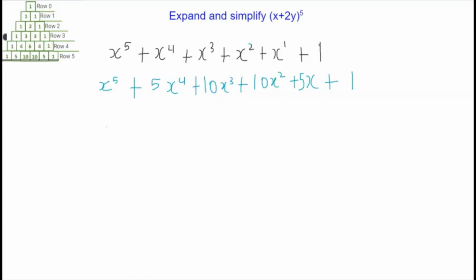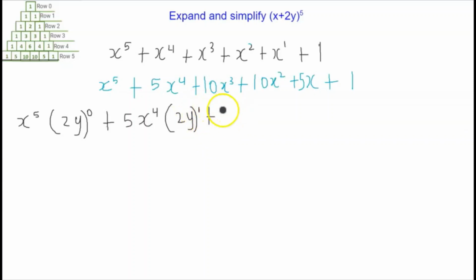So if we have x to the 5, we're going to have to slot in for 2y to the 0, and that 2y will go up as we go along this, so it'll go from 0 to 1, and then plus 5x to the 4 times 2y to the 1. And I'm writing 1 here because I want you guys to see the pattern that I'm making as we're going up.